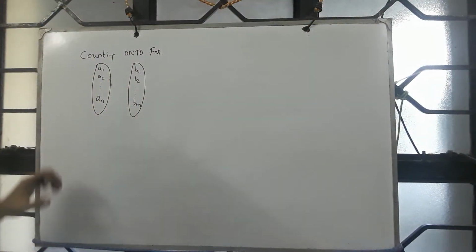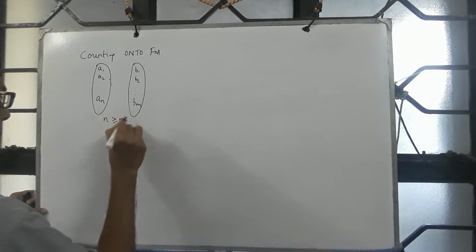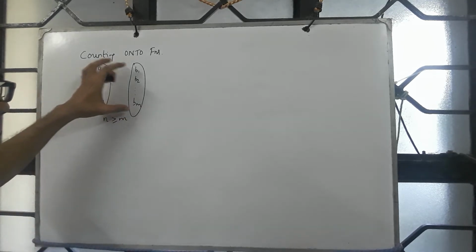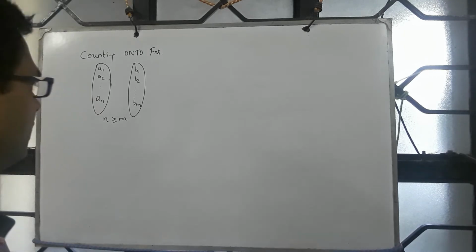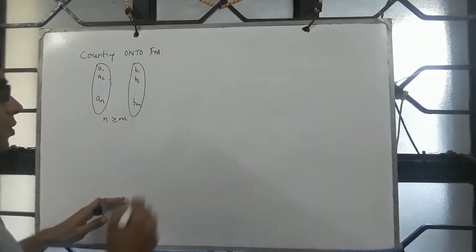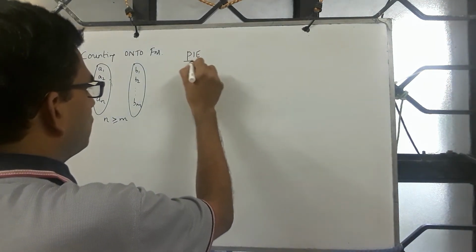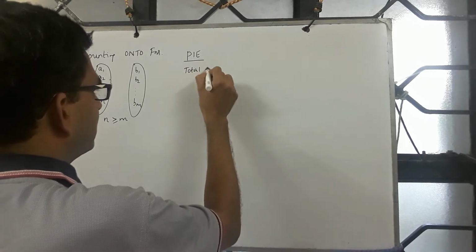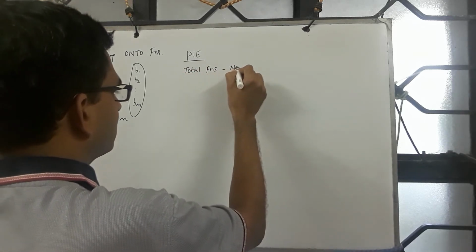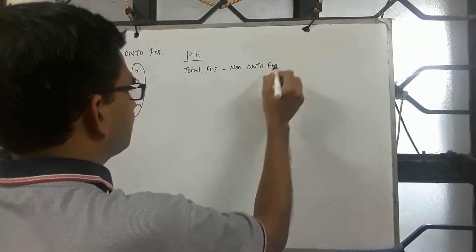So now we are given a set of size n to a set of size m with this property: you have at least as many elements in the domain as the codomain. Now we are going to use the principle of inclusion exclusion. So the total number of functions minus non onto functions.